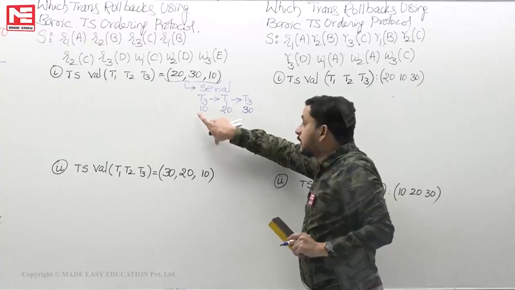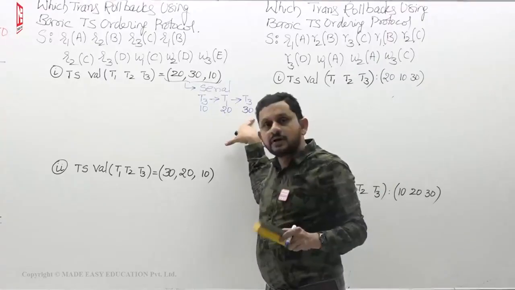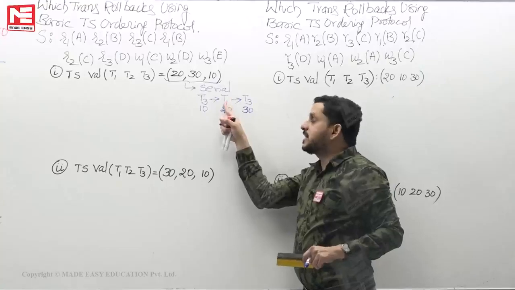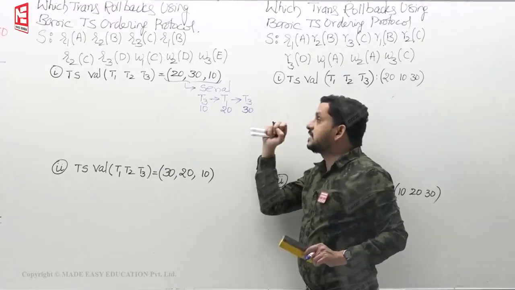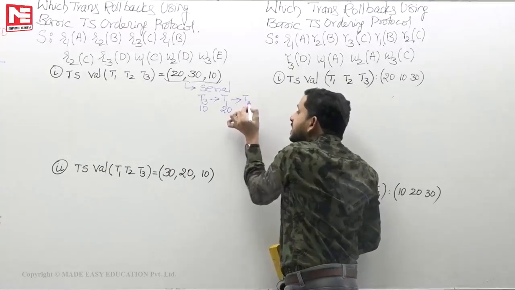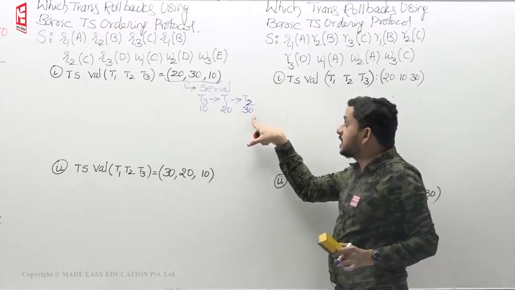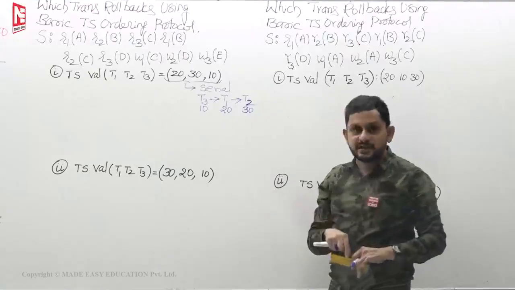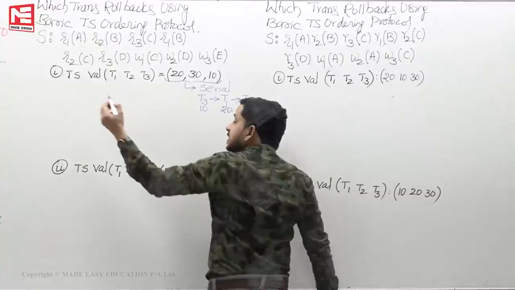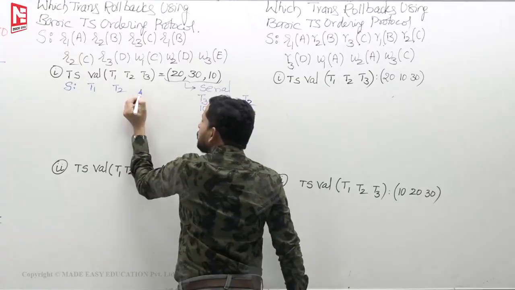So conflict pairs in this order are allowed. If a conflict pair is not in this order, it is not allowed. T3 preceding T1 is allowed. T1 preceding T2 is allowed; 30 is T2, by mistake I wrote T3, it is T2. T3 preceding T2 is allowed. If a conflict pair is not in this order, it is not allowed. So that's simple to test. Now T1 one transaction, T2 one transaction.